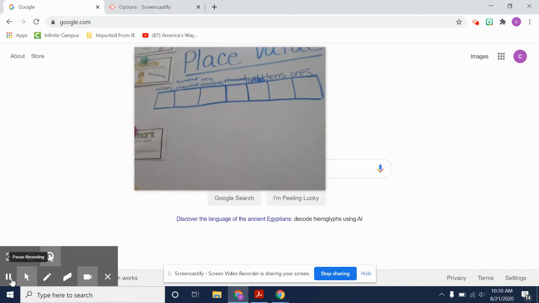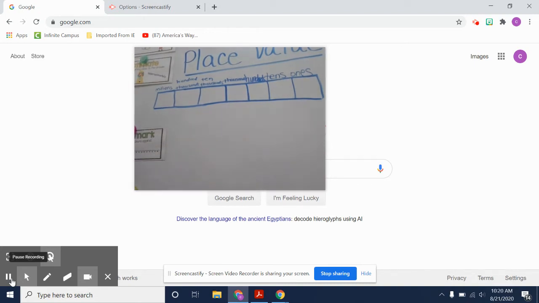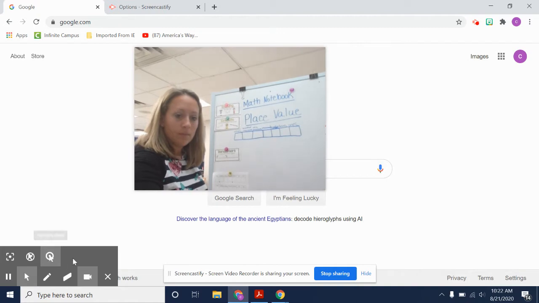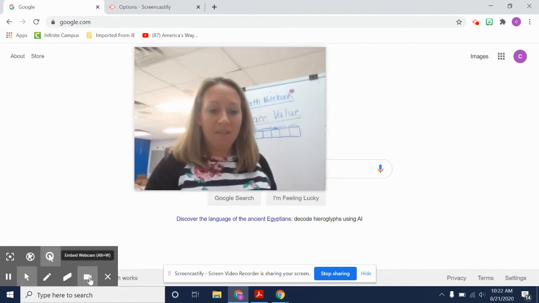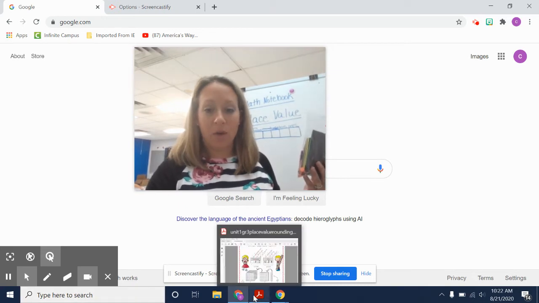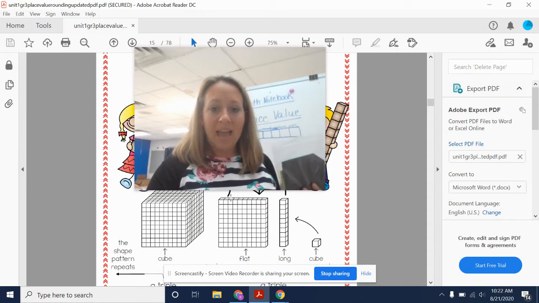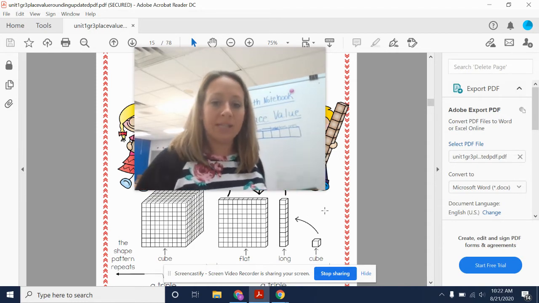We're going to put the physical representation of what each one of those stands for, okay? We're going to draw out a picture of our cubes, our longs, our flats, and our blocks, okay? So I've got my physical magnets here that I'm going to put up, and you're going to draw these in your math notebook. And I'm going to have it down here for you as well so that you can see those.